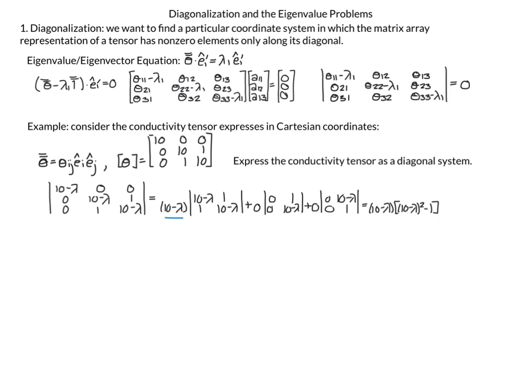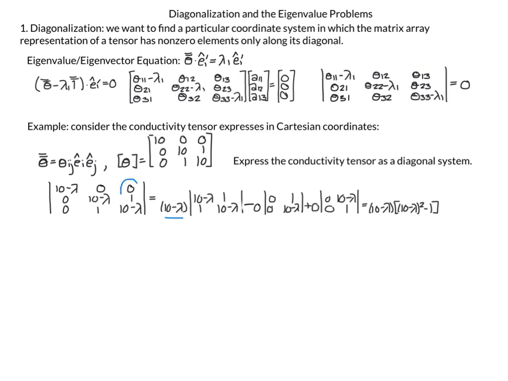Next, I'm going to take the second element of my row and multiply that by the determinant that's left, which is 0, 0 on the columns, and then 1, 10 minus lambda. Of course, I really didn't need to do that because I have a 0 in front. And actually, this should be a minus because with determinants you keep switching the signs.